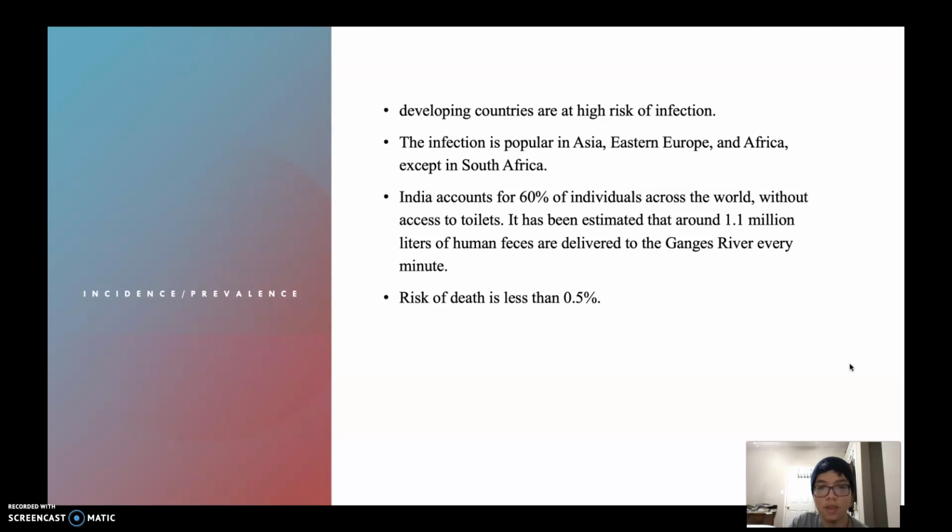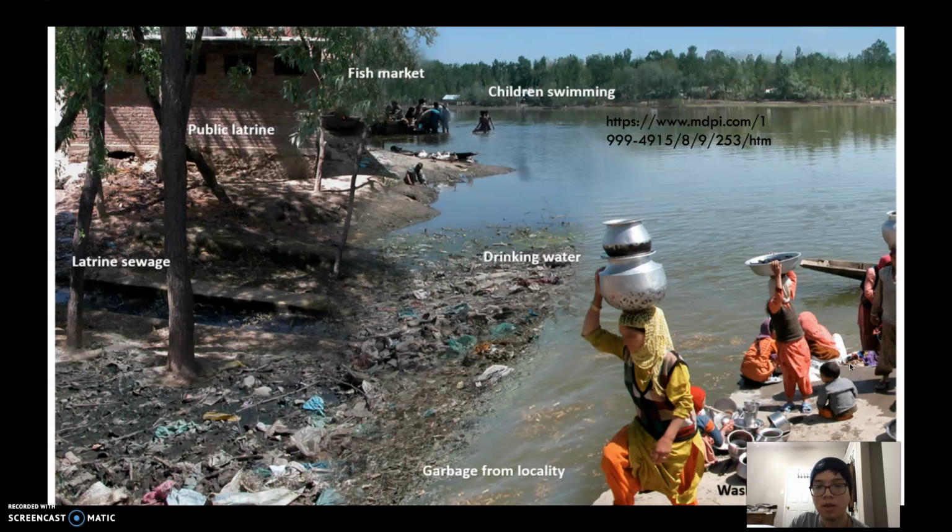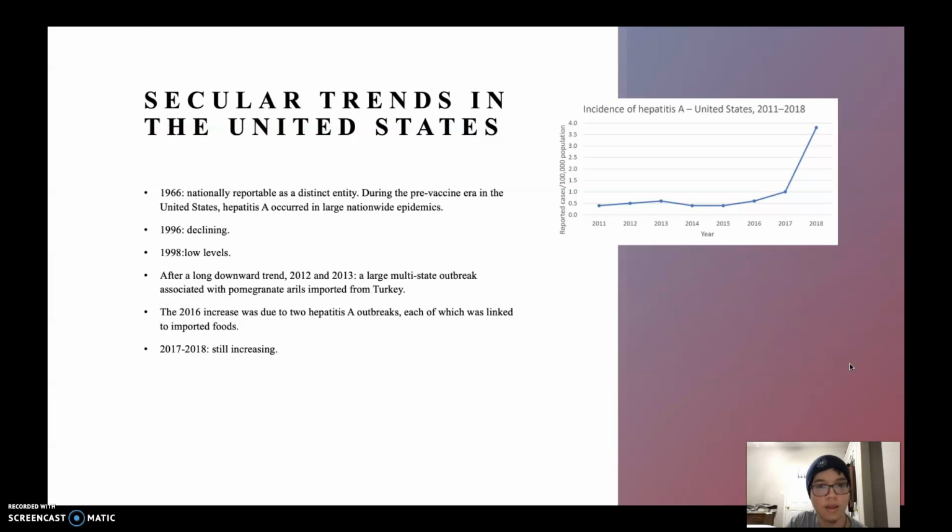However, the risk of death is less than 5.5%. Here's a picture of a polluted river, and the people living in this area have to use the water in this river for their daily activities, and this is very contagious.